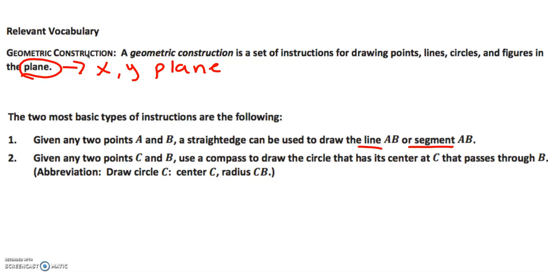The second basic instruction is, given any 2 points, C and B, use a compass, which we're going to be using a lot in class, to draw a circle that has its center at C and passes through B. Another way to say that is: draw circle C, center C, radius CB.